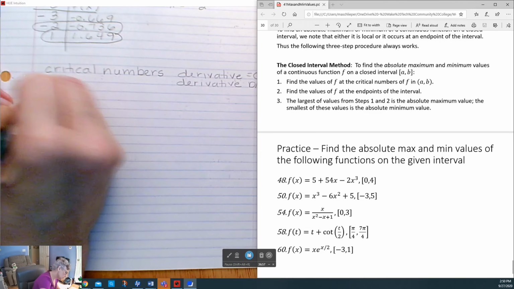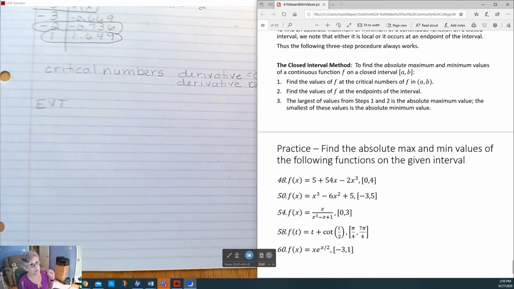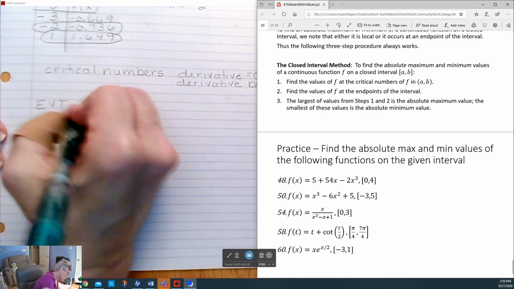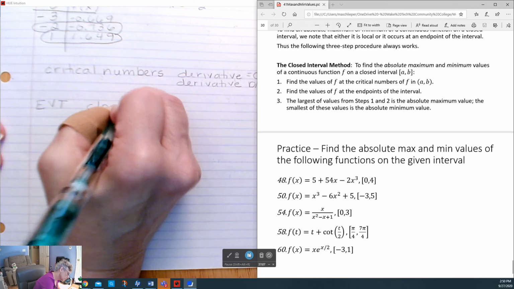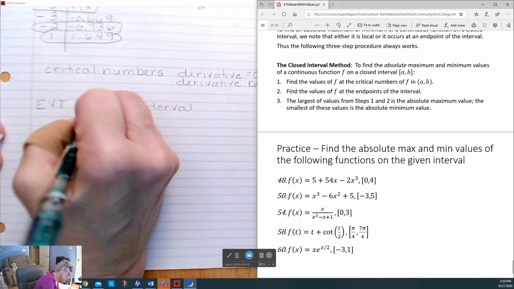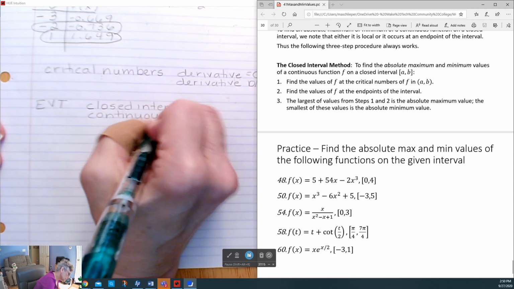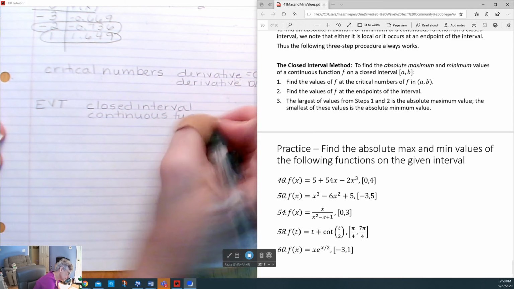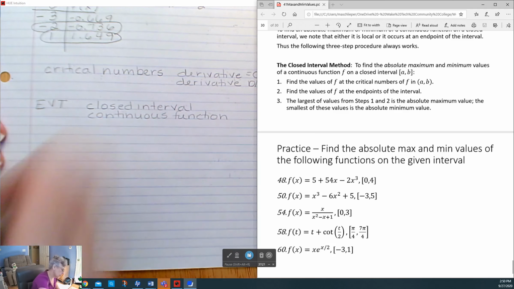We learned the extreme value theorem guarantees us an absolute max and a min on a closed interval for a continuous function. Find the critical values, make a table.